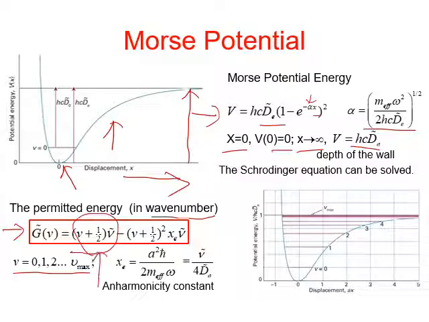This first term is the same as we obtained from the harmonic oscillator. Now the second term is due to the anharmonicity, and xe is called the anharmonicity constant. So that represents anharmonicity. By using Morse potential, we have allowed energies where one part comes from the harmonic oscillator, and another comes from anharmonicity.